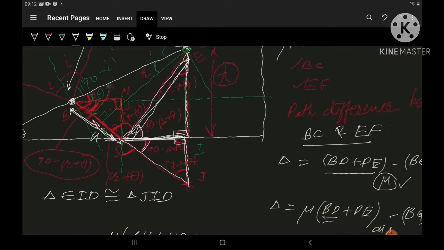It means that here DE will be equal to DJ.